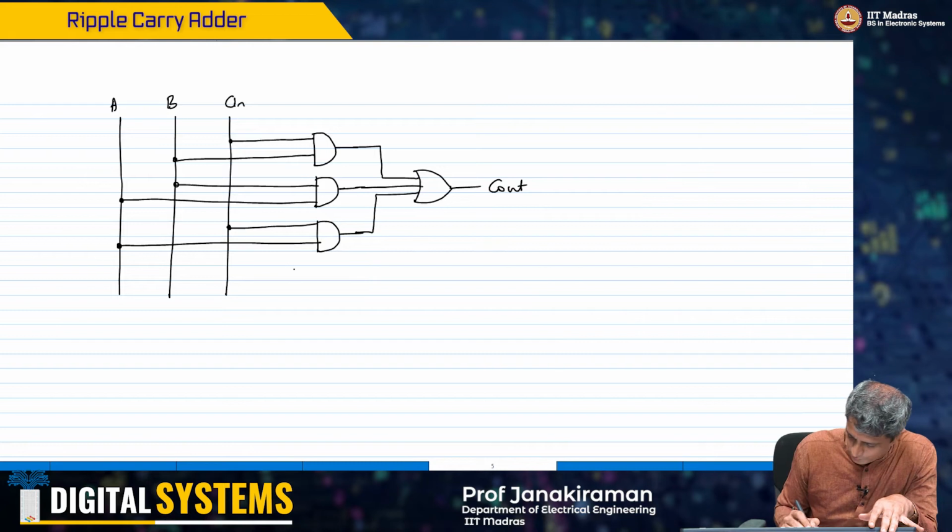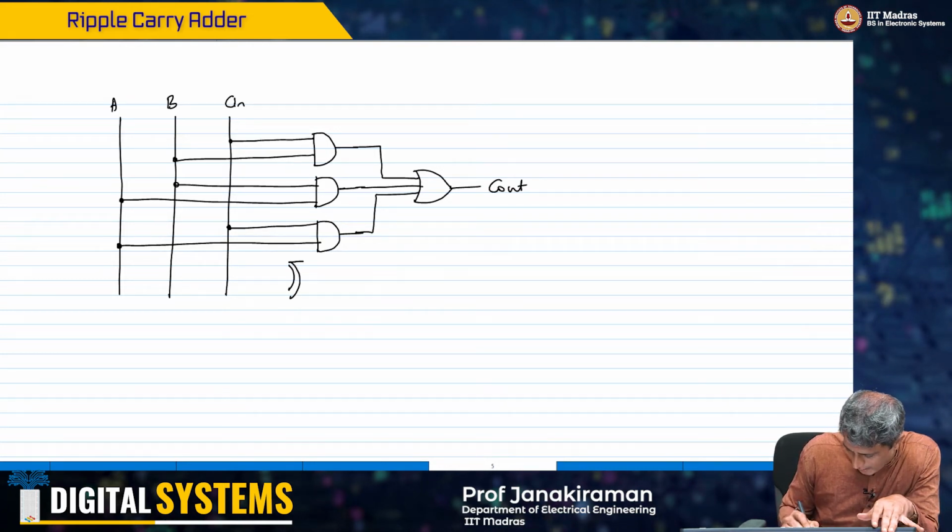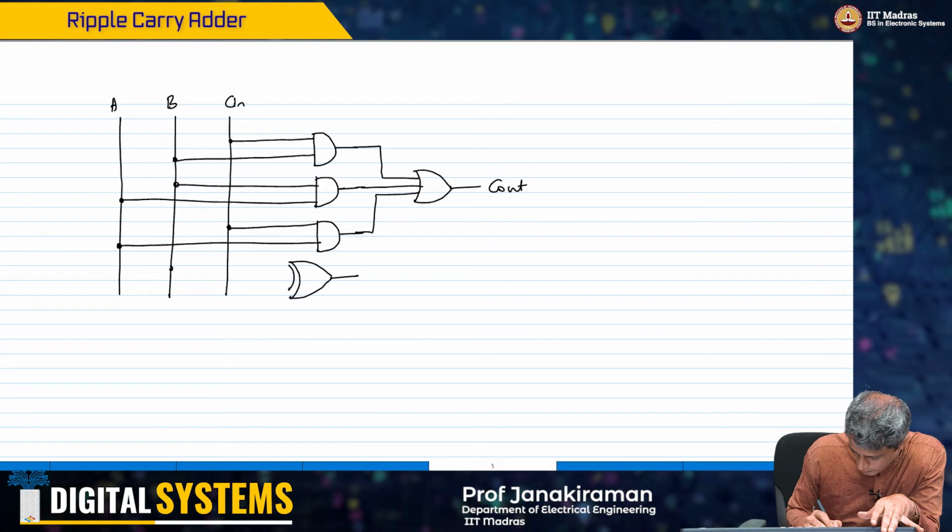Now if I have the XOR gate available as shown in my standard cell library, then it is possible to do this like this.